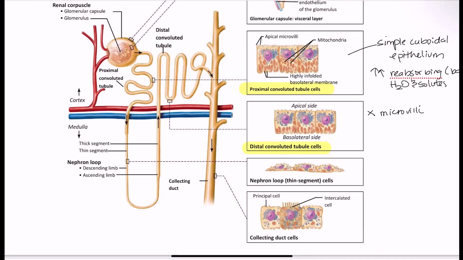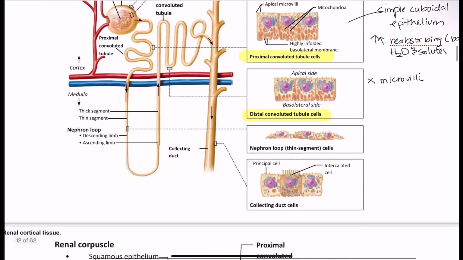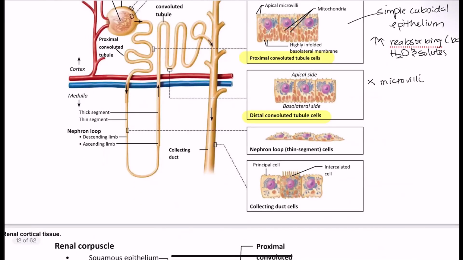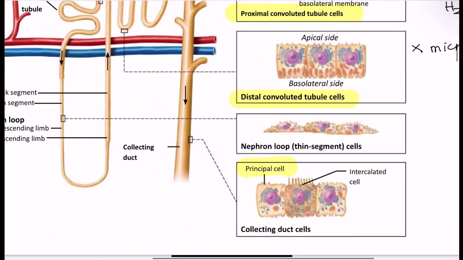And then lastly is the collecting duct. That's this one here. The collecting duct consists of two major cell types. There's the principal cells. Let me highlight those. Principal cells of the collecting duct are important for maintaining water and sodium balance.